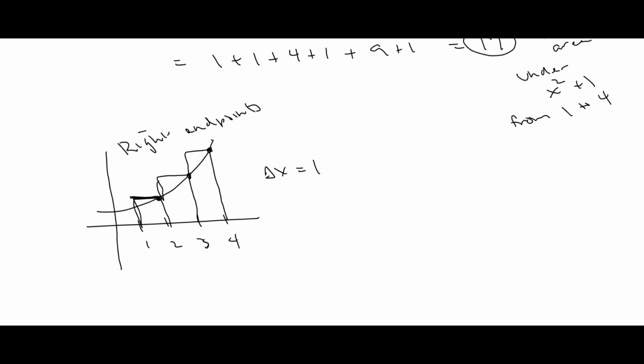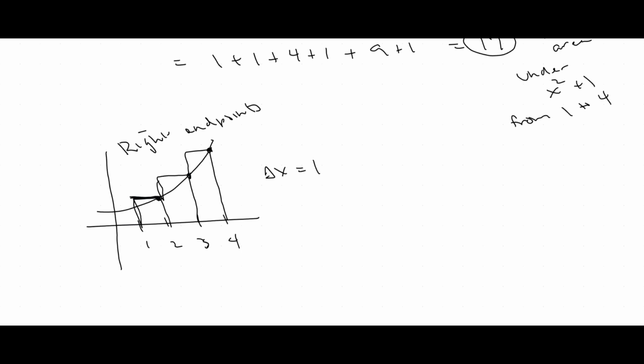And again, I can find the area of each rectangle, except now, so I have it divided into my 1, 2, 3, 4. Except now I'm not plugging in my first point. I'm plugging the next one over.